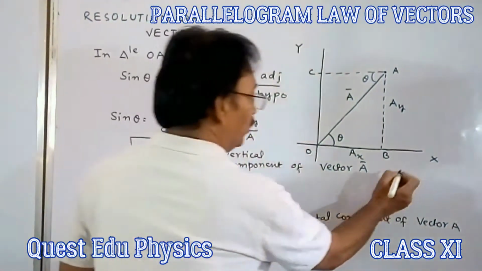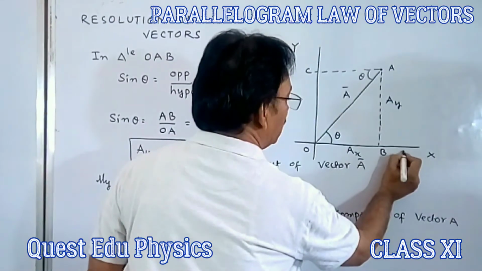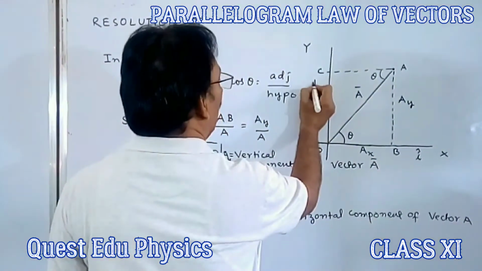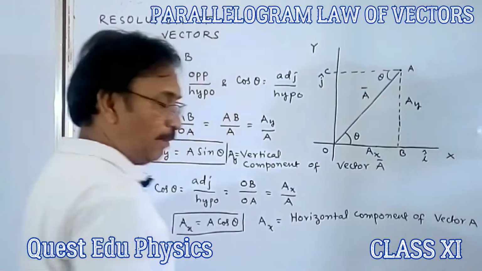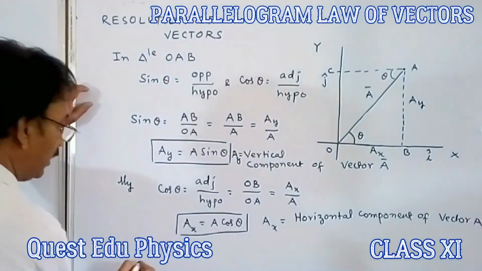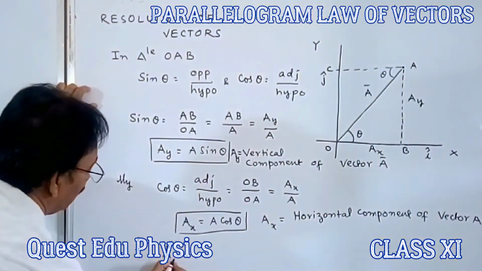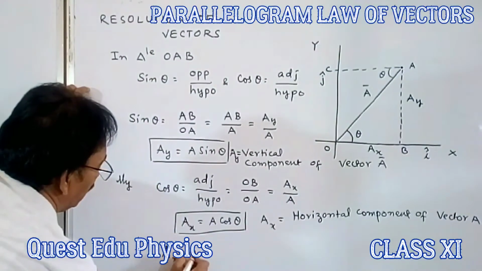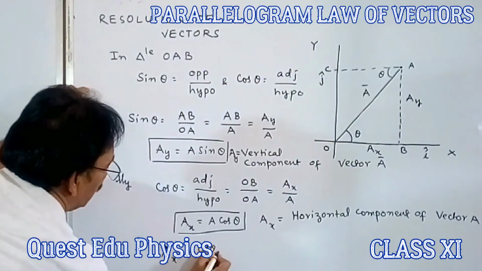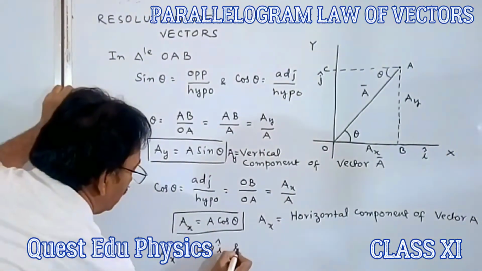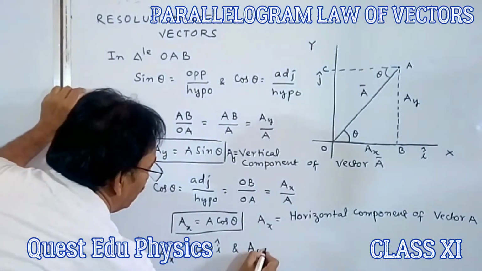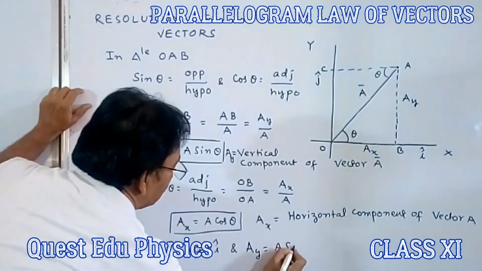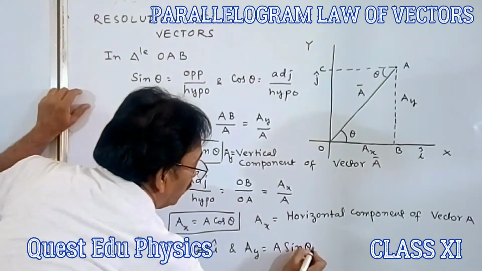If the unit vectors along the x-axis is i cap and along the y-axis is j cap, then these can be written as AX is equal to A cos theta i cap and AY is equal to A sin theta j cap.